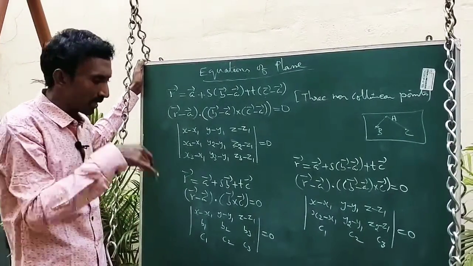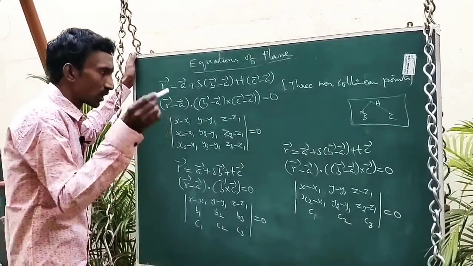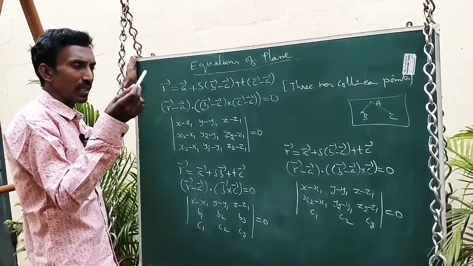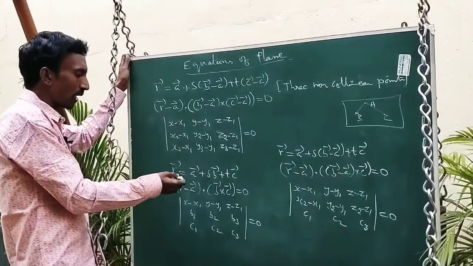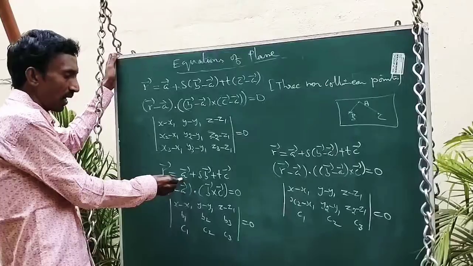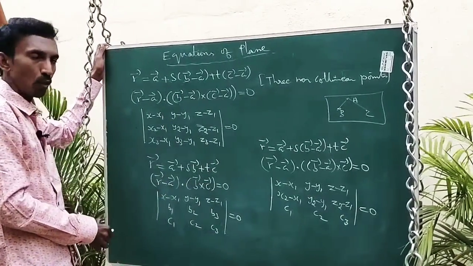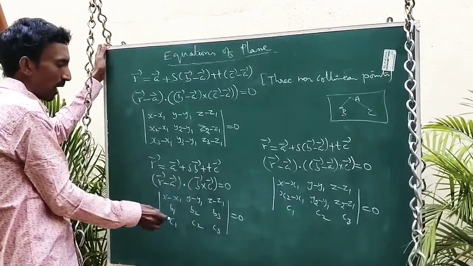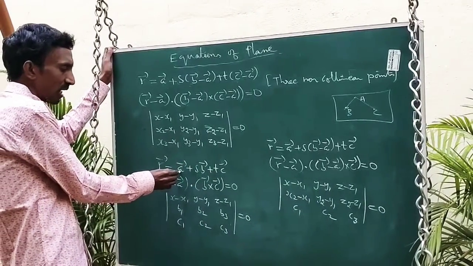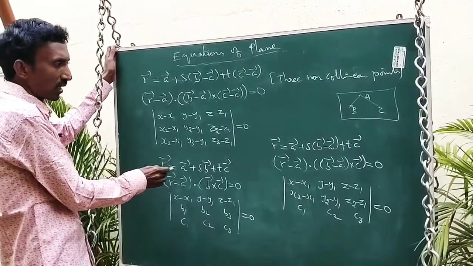But in the new book, they use B, C for the parallel vectors also. So these are two non-parallel vectors, but they are parallel to the plane. Here A vector is the position vector of the point, and B vector and C vector are parallel to the given plane.